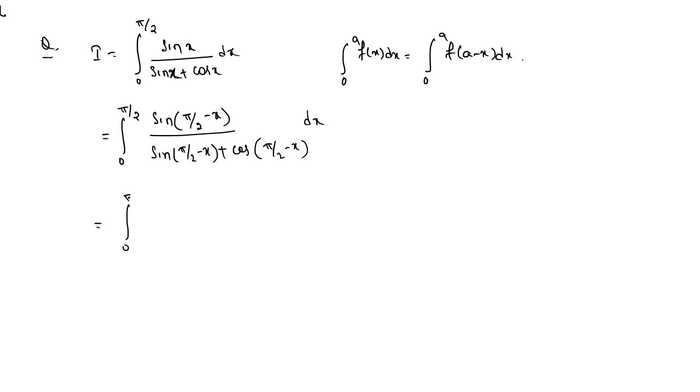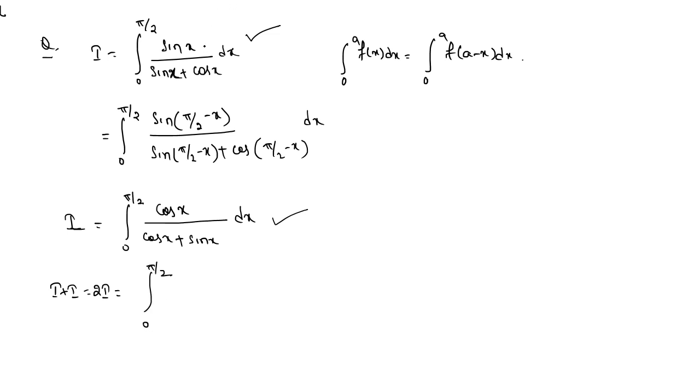Ok, so here we write pi by 2, this change to cos x. ओके, सो divide, ये sin pi by 2 minus x क्या हो जाएगा, cos x, plus cos pi by 2 minus x क्या होगा, sin x dx. Ok, so this is also equal to I. Ok, so now add this I with this I. Ok, means I plus I, that is 2I equals to 0 to pi by 2, first I is sin x divide sin x plus cos x dx, with this I, that is 0 to pi by 2 cos x divide cos x plus sin x dx.